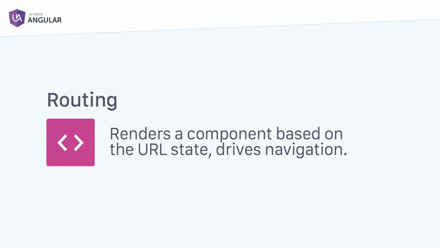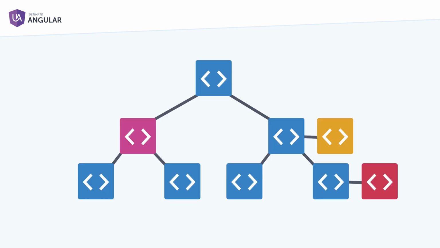Finally, we have routing. All the routing does is drive the navigation for our application. So it basically tells Angular which components to render based on the URL state. Now, if we head over to the next diagram, you can see that we have a purple component. Now, this is just a generic component, it's an ordinary component. However, we can assume at this point that we might want to change these two components that are child components based on the URL.